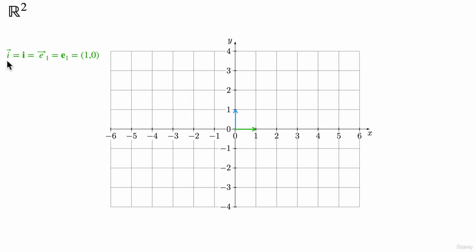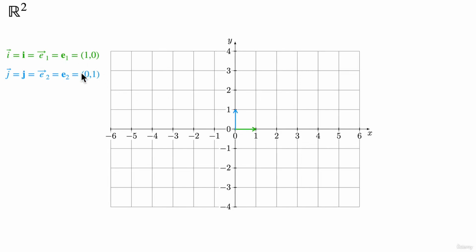And this vector has really a lot of different names. Sometimes it's called I, and you can either write a letter I with an arrow or a fat I, or it is called E1, and it's simply the unit vector in the x direction.